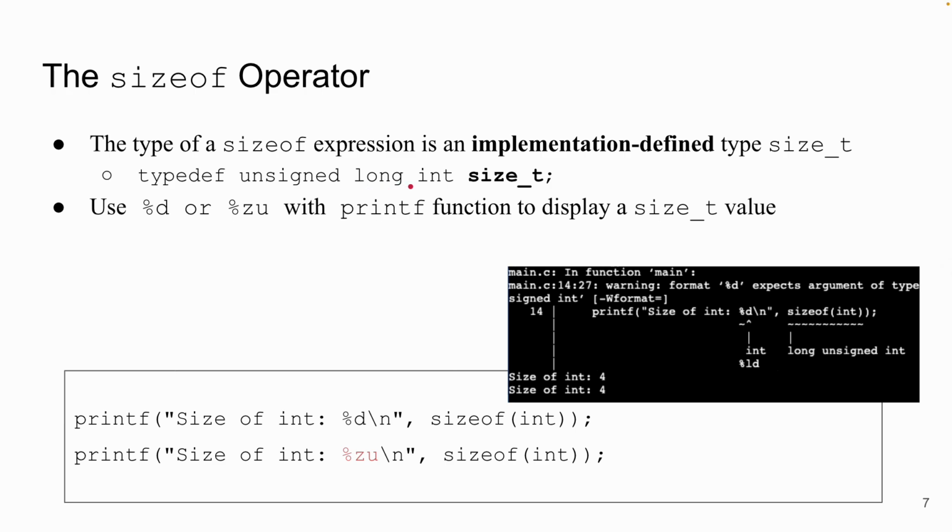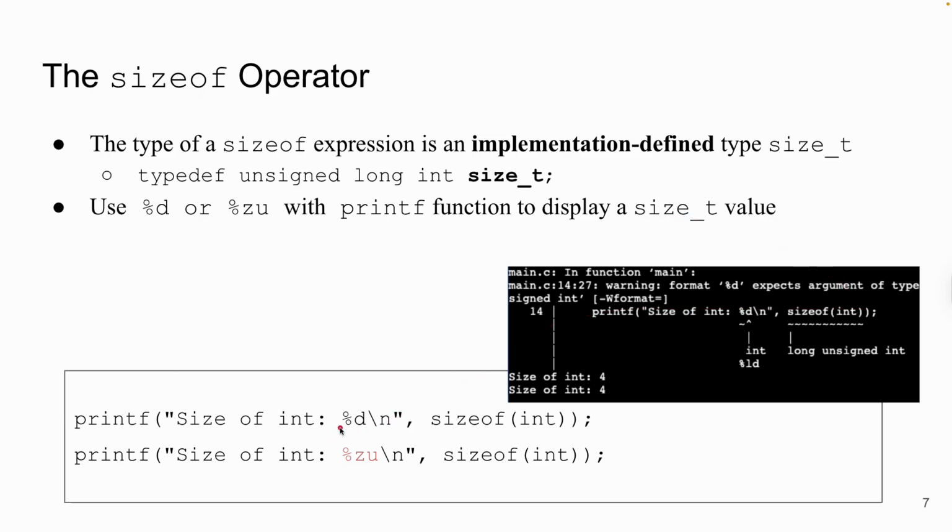So that is why, when we want to print out the value returned by the sizeof operator, most of the time we would use %d or %u to display the value here. But %zu is the most correct way, because it is an unsigned long int.